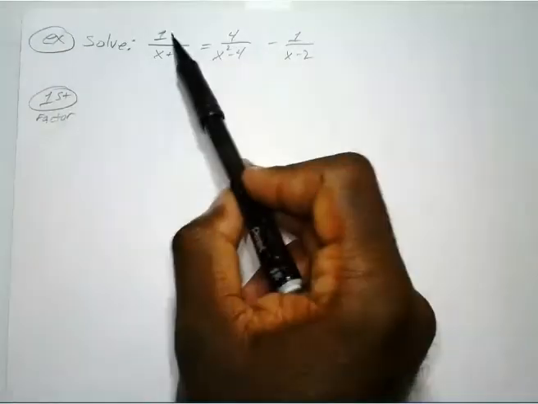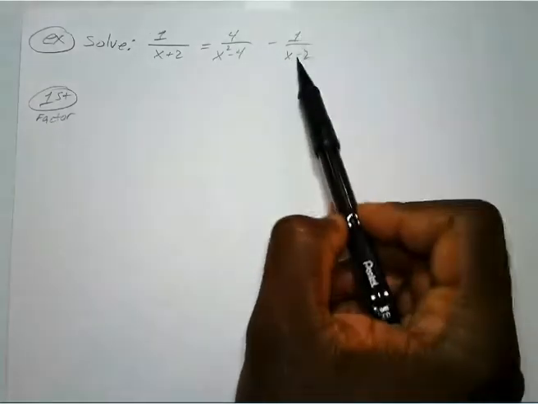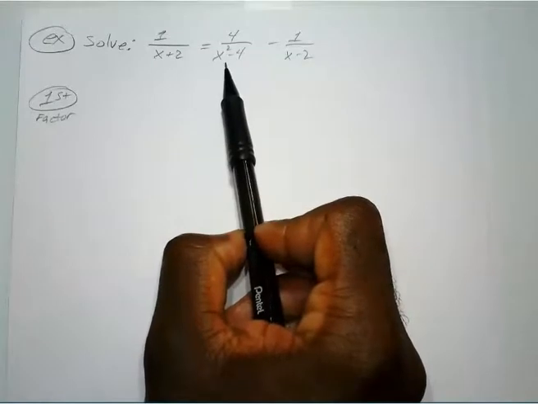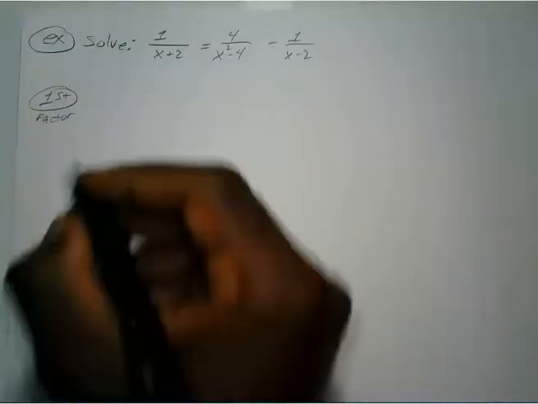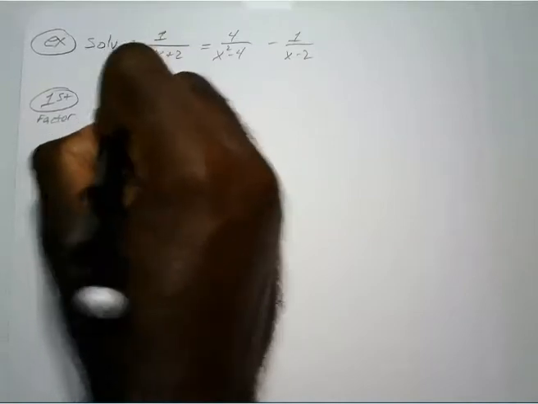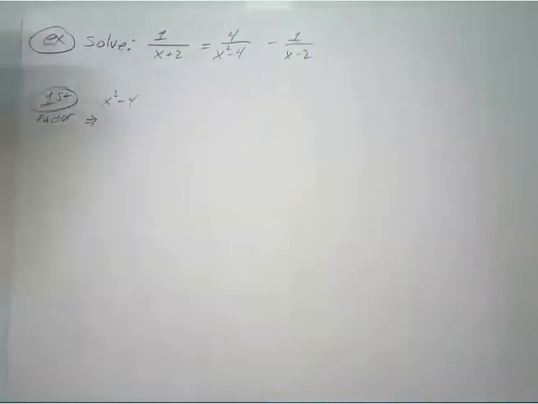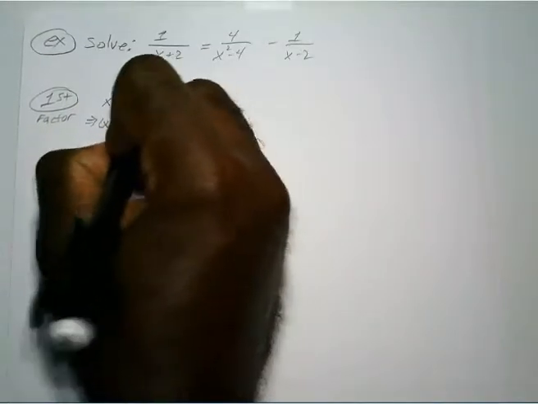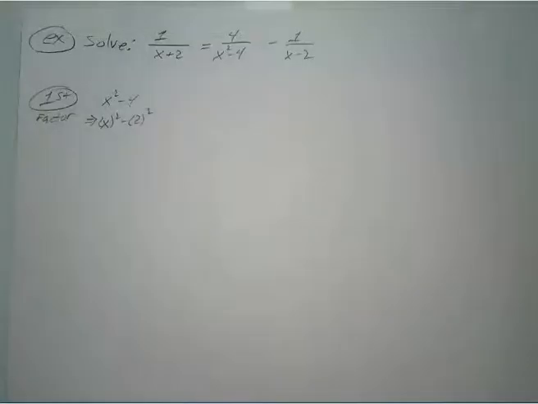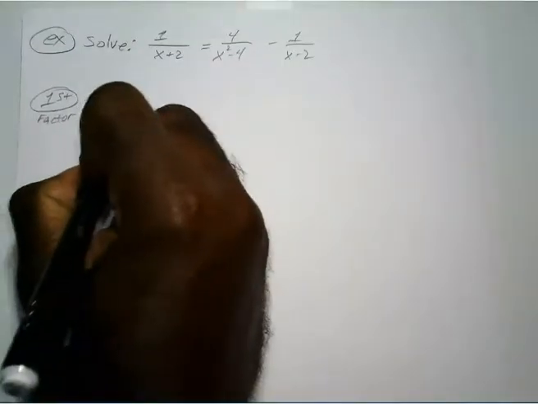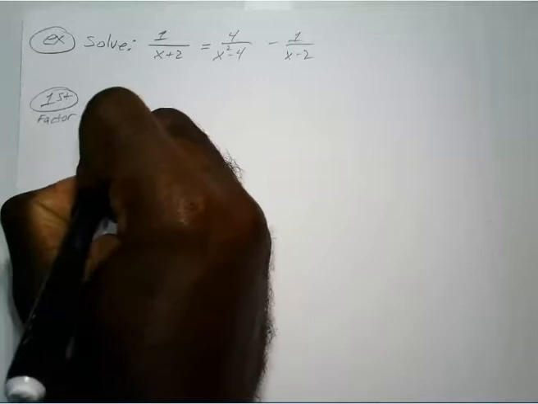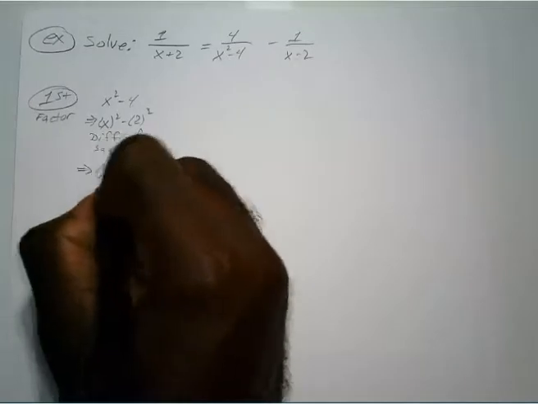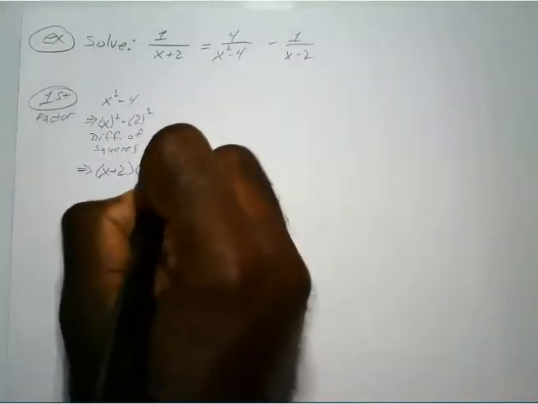Really, all of these denominators and numerators are about as factored as they're going to get. The only one that you can factor is the x squared minus 4. If you remember, you can rewrite x squared minus 4 as x squared minus 2 squared, because it's a difference of squares. So this becomes x plus 2 times x minus 2.